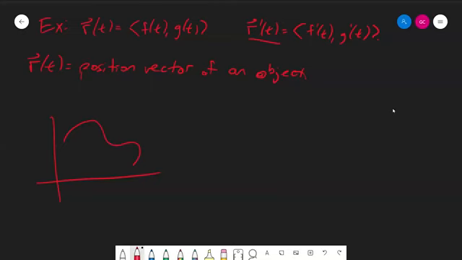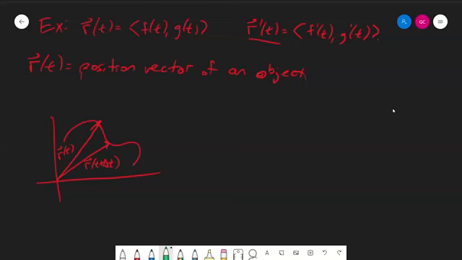If I pick some point in time and plug that t value into r, then I get a vector that points from the origin to wherever that object is at that point in time. So say this one right here is r of t. And then maybe a little bit later, if I plug in a slightly larger t value, maybe t plus delta t, well then I get the position vector that points from the origin to its new position.